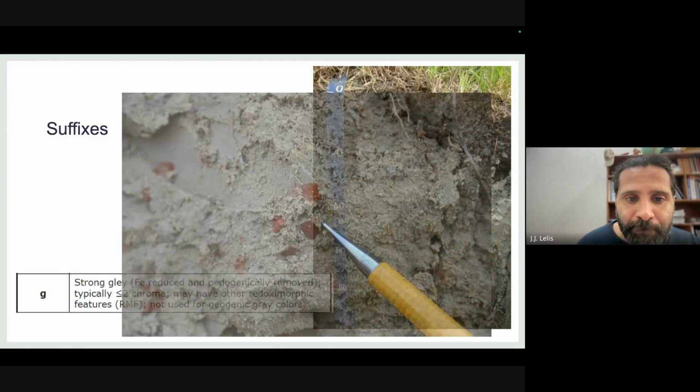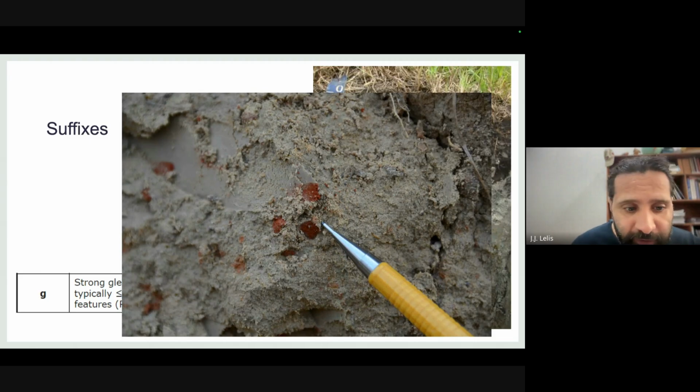It's quite common to see some iron concretions and iron nodules, some mottles that we call. These mottles express that the reducing conditions are dominant, but in some periods of time, in some months, I have some oxic conditions that can induce some iron oxidation and formation of mottles, okay?